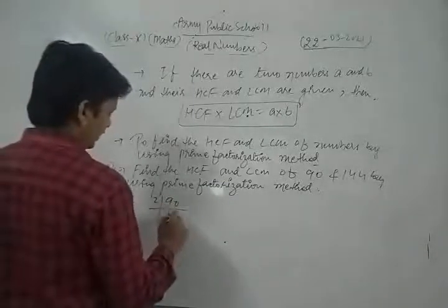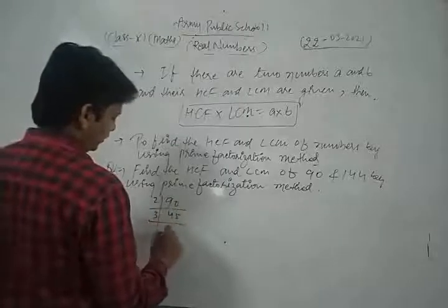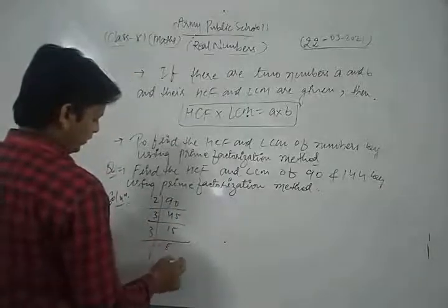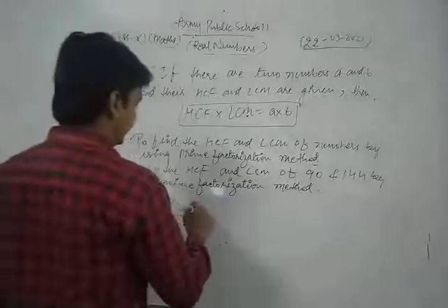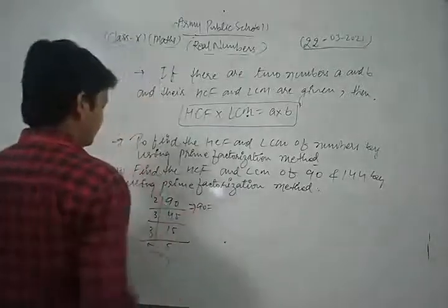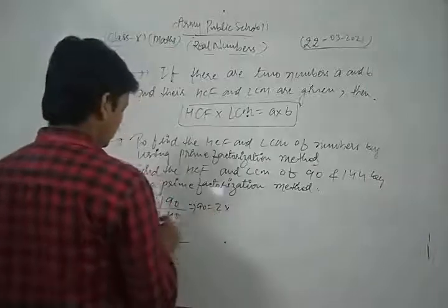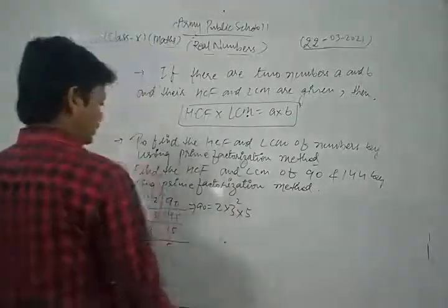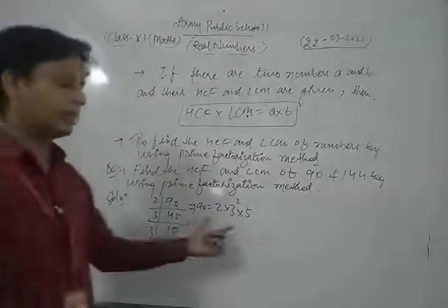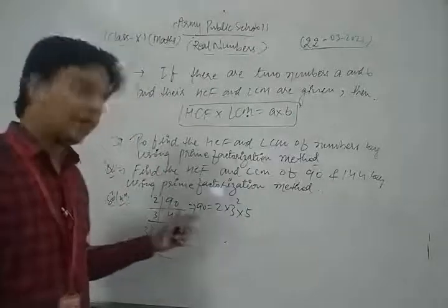This is 45, now 3, this is 15, now again 3 and 5. So we can write 90 as the product of prime factors: 2 into 3 power 2 into 5.